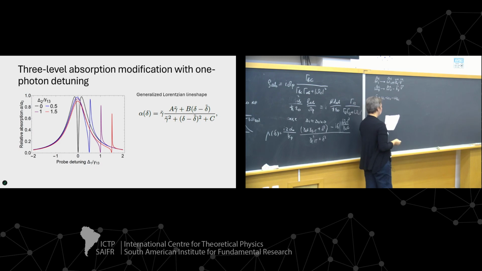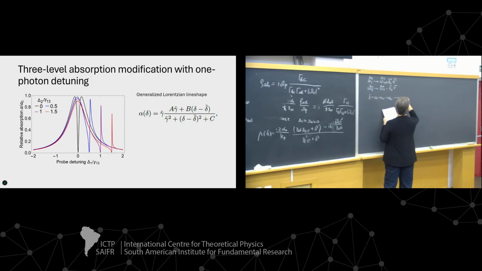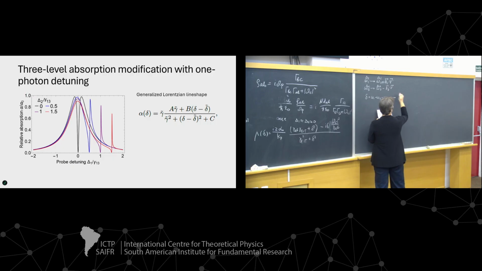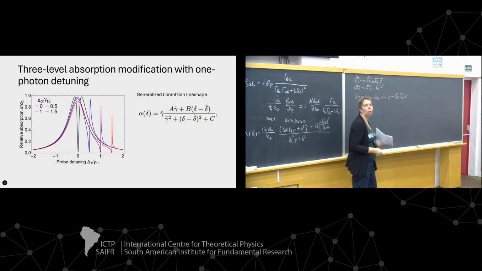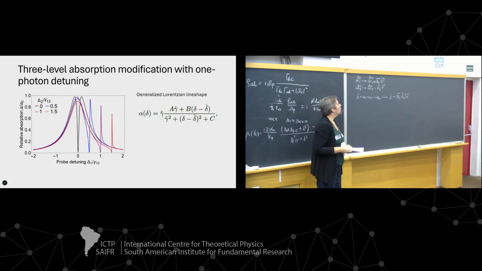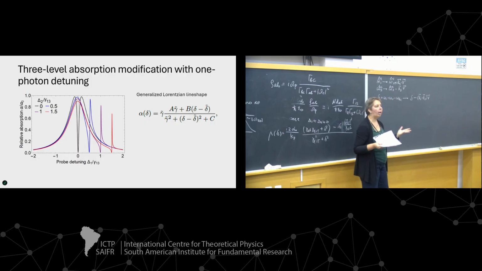You can show that you can write it this way. Now it's also going to be shifted, so it's going to be delta, the true laser frequency difference, minus k1 minus k2 times v. So you can see that here we're also going to have the same problem. The different atoms are going to have different things.